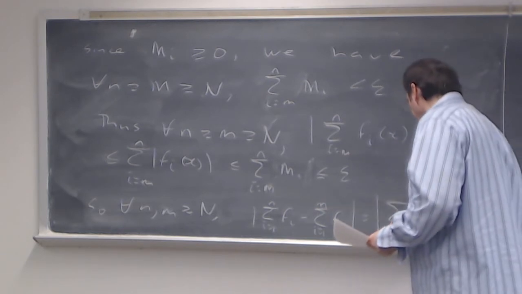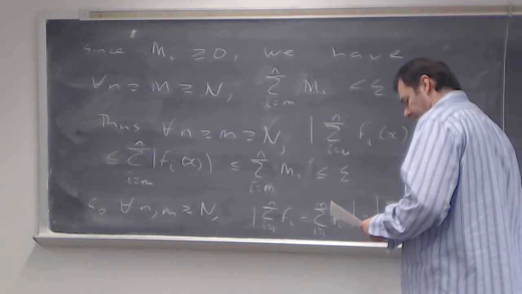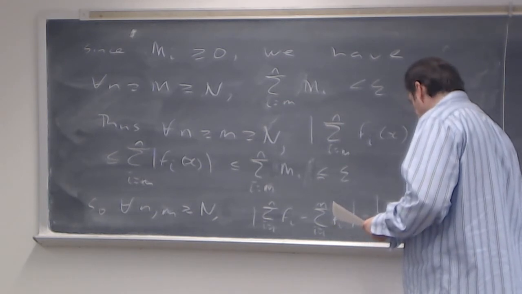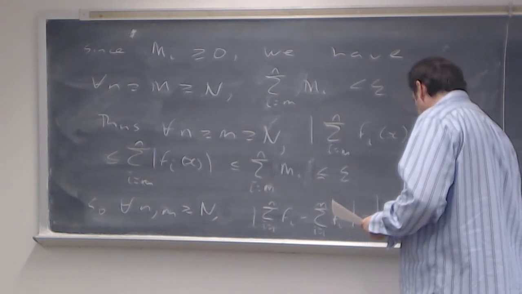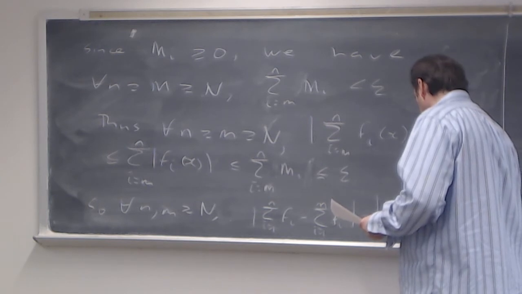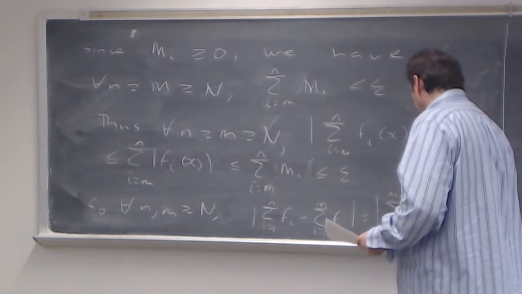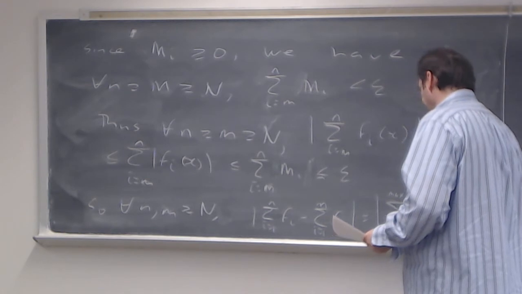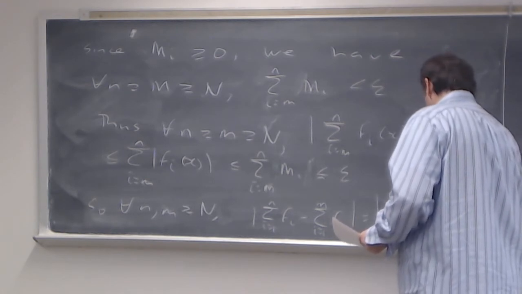So this difference is i running from the minimum between m and n up to the maximum between m and n of f sub i.